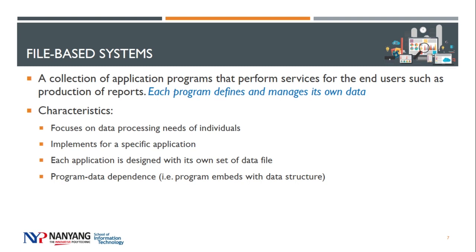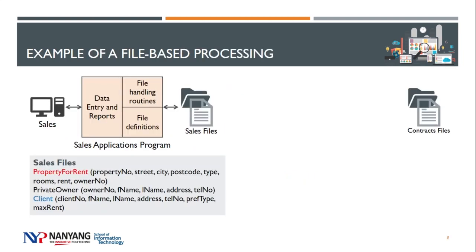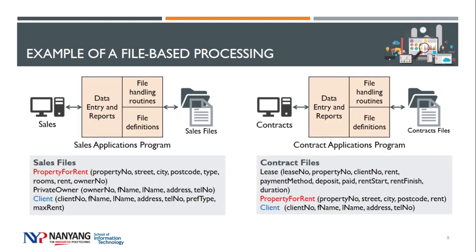And what happens is program data dependence, in the sense that the file-based system is highly dependent on the data that is being stored locally in the system itself. The next slide will provide an example of what this means. Down here we see two file-based systems, one for sales, one for contracts.